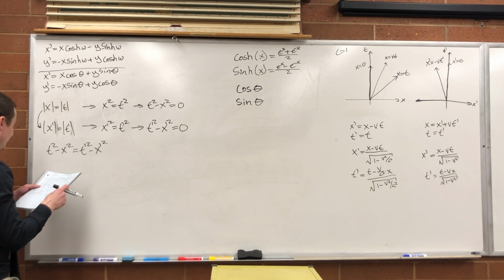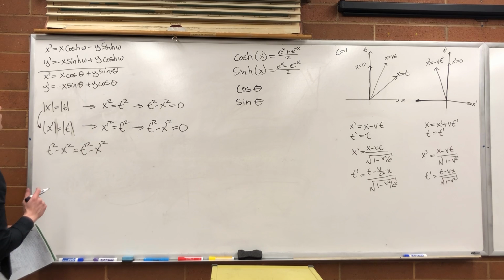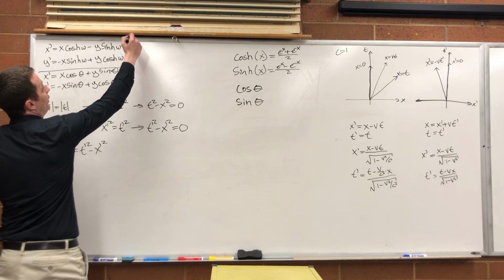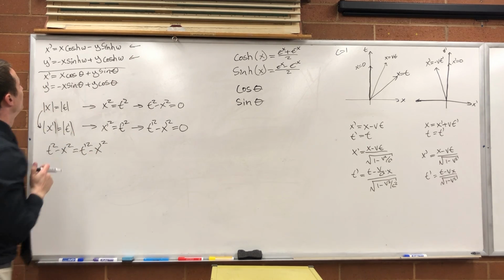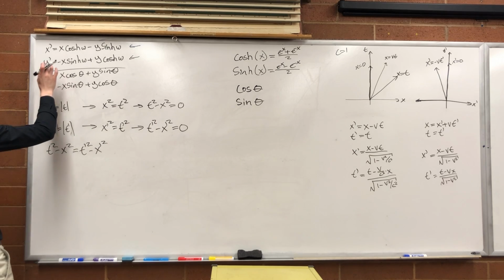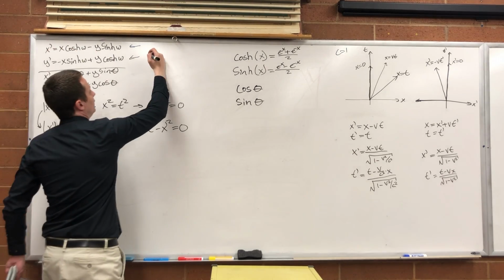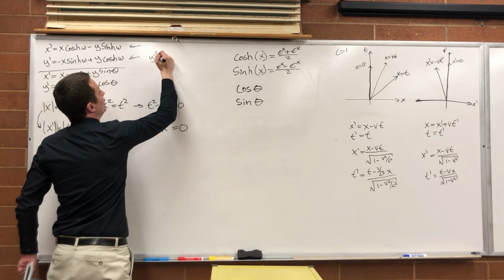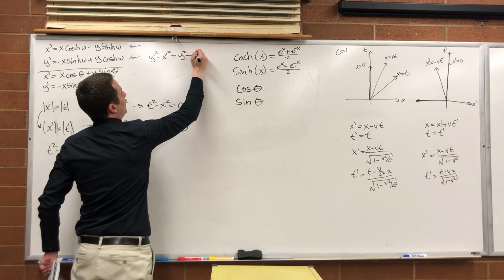So we can write this out really quick. Well, I don't know if that's worth doing since you don't have the trig. But if we were to take that squared and add it to that squared, we would get x squared plus y squared. Or, sorry, we'd get y squared minus x squared, depending on which one we get. If I were to do y prime squared minus x prime squared, I would end up with y squared minus x squared.